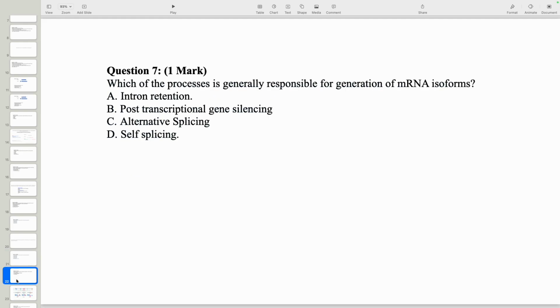Which process is generally responsible for the generation of mRNA isoforms? So mRNA isoforms are basically different forms of a gene. We have a genome where we can see different genes are present. So how are these genes combining with each other to form an mRNA, which can combine in different forms, making different isoforms? What is the process of generation of these mRNA isoforms?